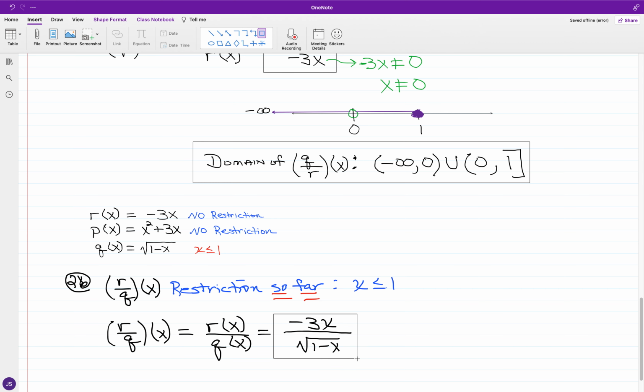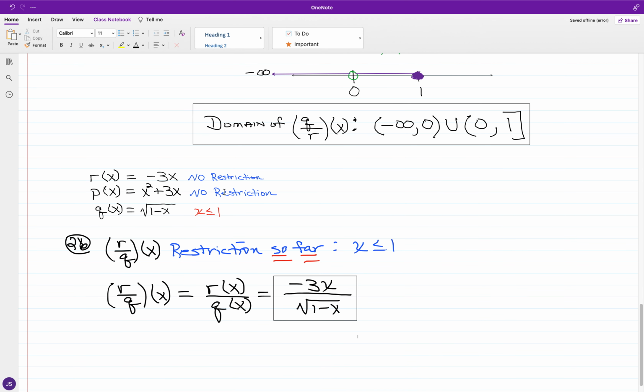So we got the square root of 1 minus x at the bottom. Now r of x again had no restrictions, so that part is in the numerator. And you can have a 0 numerator as long as you do not have a 0 denominator. And just looking at what we have now with q of x in the denominator, we have a twofold situation here.